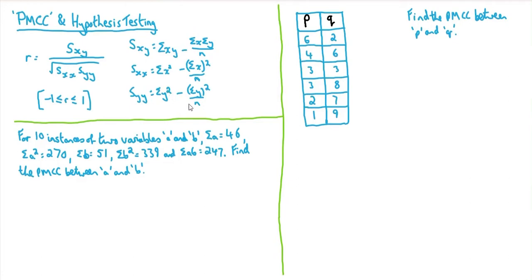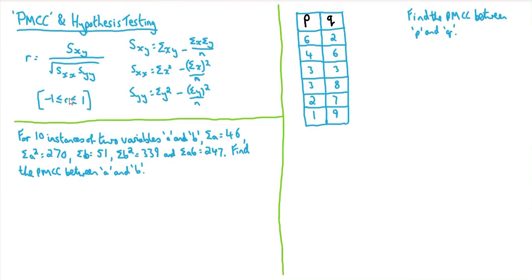So plugging each of these sums into these formulas to get these sub-answers, and then plugging those into the main equation for your PMCC, this has to get you an r value that is between 1 and -1. The closer to 1 the value is, the stronger the positive correlation, the closer to -1, the stronger the negative correlation, and the closer to 0 in the middle, the weaker of either kind of correlation.